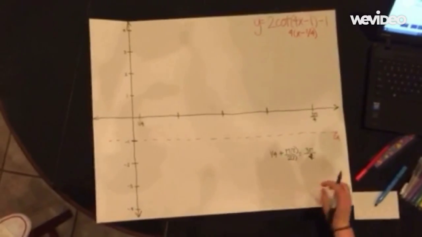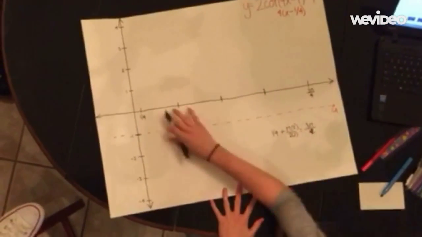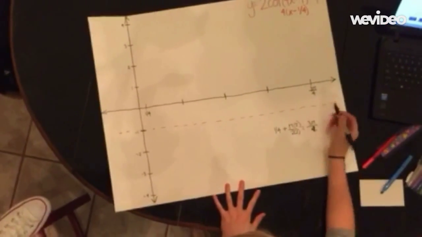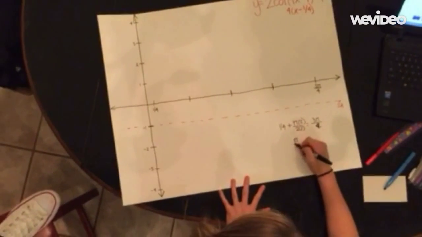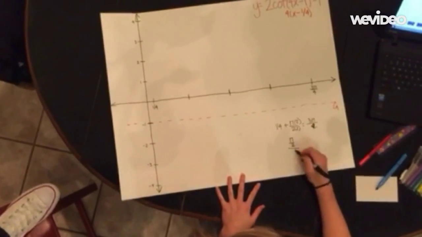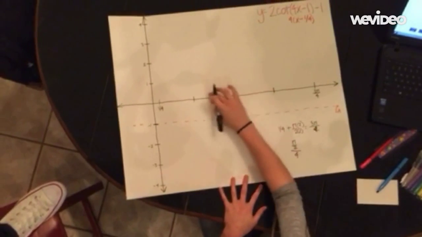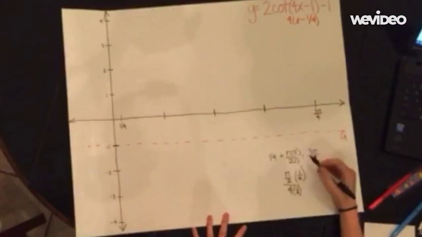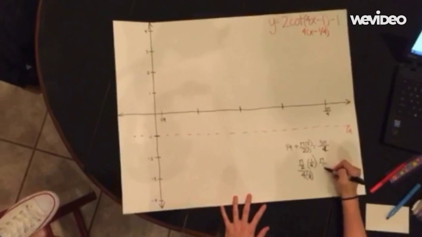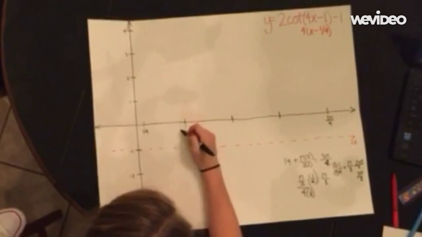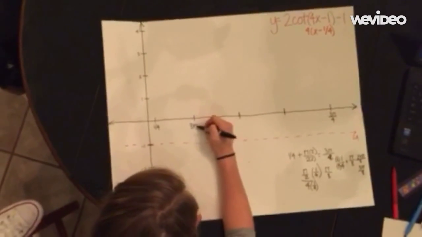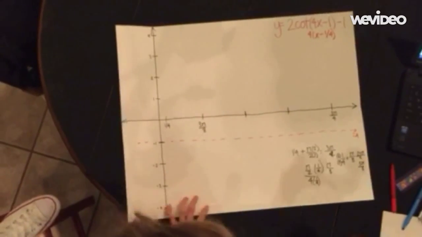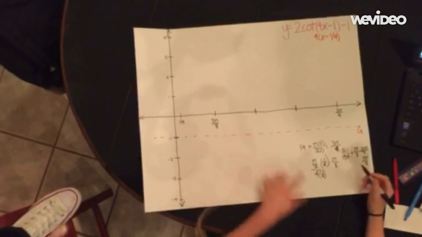And then an easy way to determine the distance between the hash marks is take your period, which is pi divided by 2, and divide that whole thing by 4, because that will tell you how much distance is in between each one. And you get pi over 8. So this value right here is 3 pi over 8. And then for the next one, you just add another pi over 8.